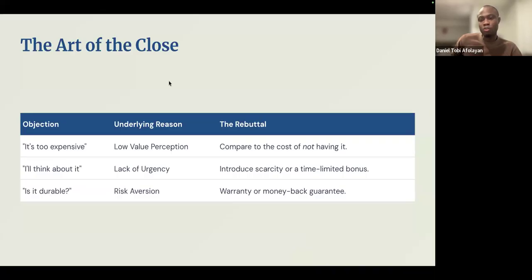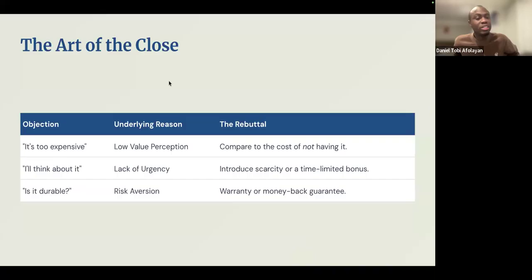You have to introduce some form of scarcity when people keep saying, I'll think about it. How do you ensure that there is a time-limited bonus? Sir, I know you're thinking about it, but if you buy from us in 1 week, or in 2 days, you are going to have 20% off. That is a time-limited bonus.